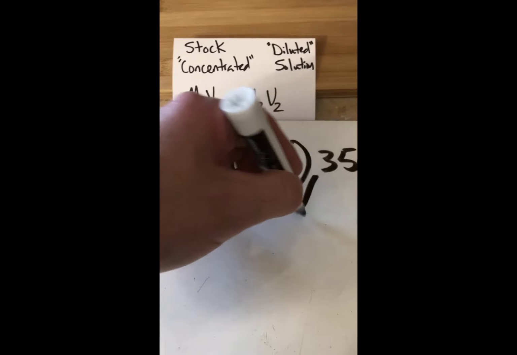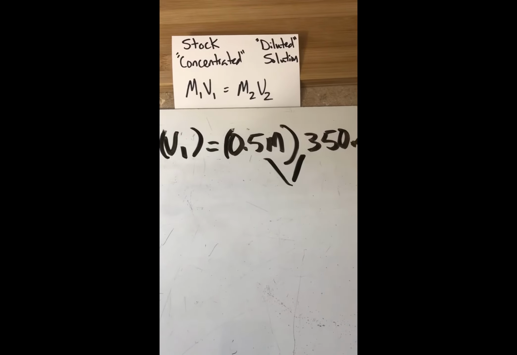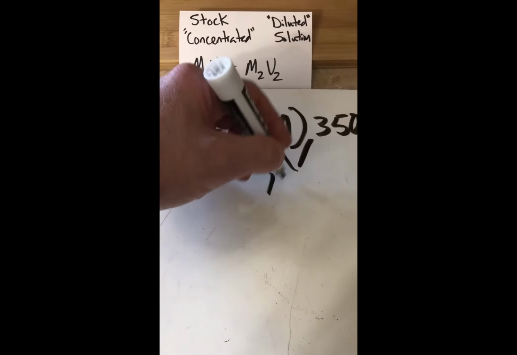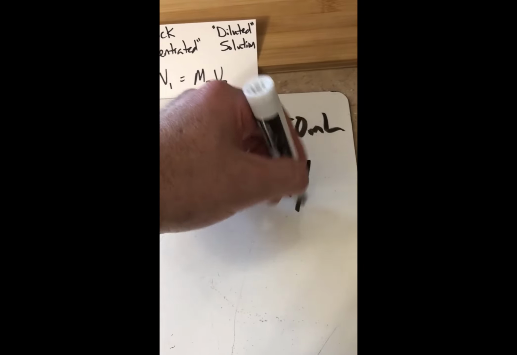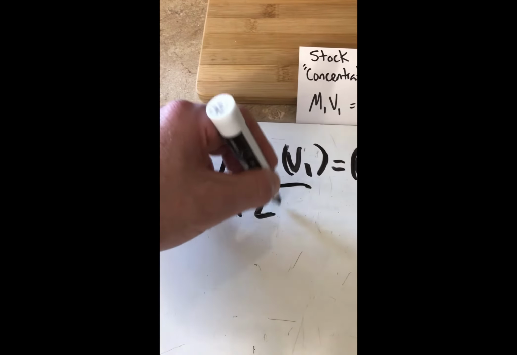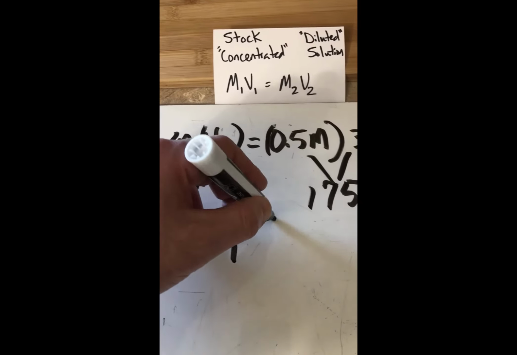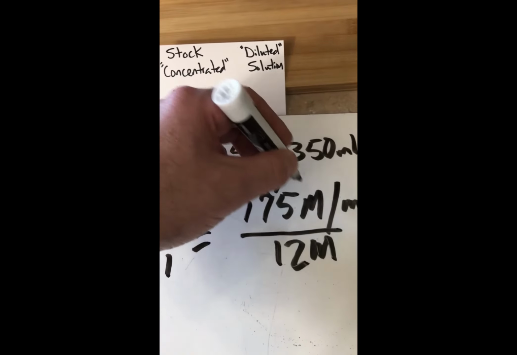Okay, so I'm going to multiply these together. So 350 times 0.5 is 175. Half of it, right? Should make sense. Okay, so I'm going to divide by 12 molar again. So V1 is going to be equal to 175 divided by 12.